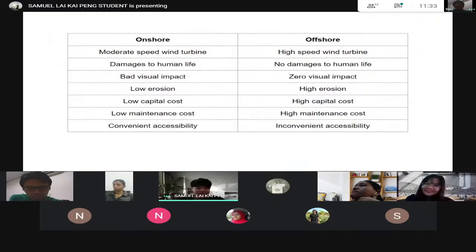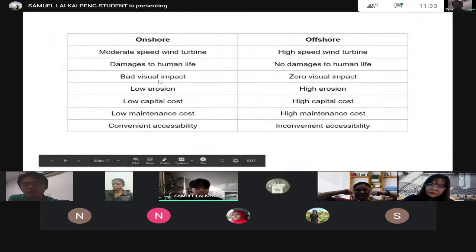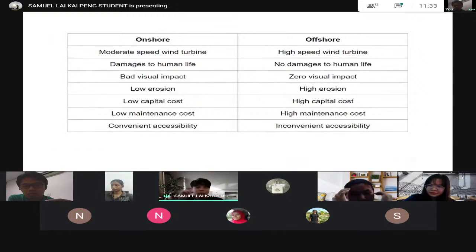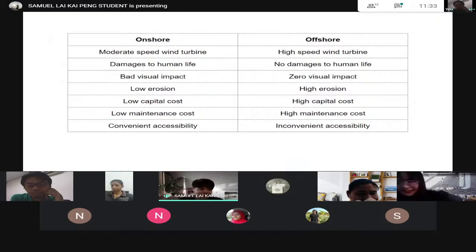So the onshore wind turbine can cause damage to human life, while the offshore will not. Then, the visual impact: if too many turbines are built on land, people will feel a very bad visual impact.